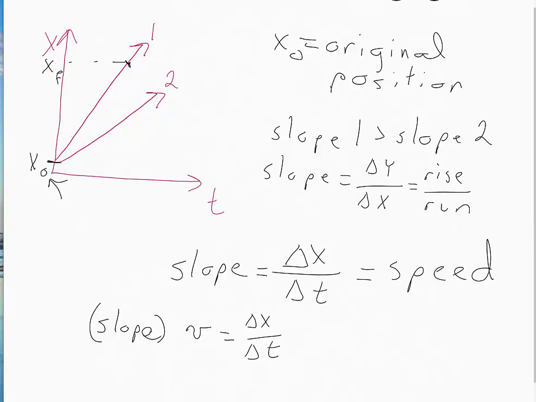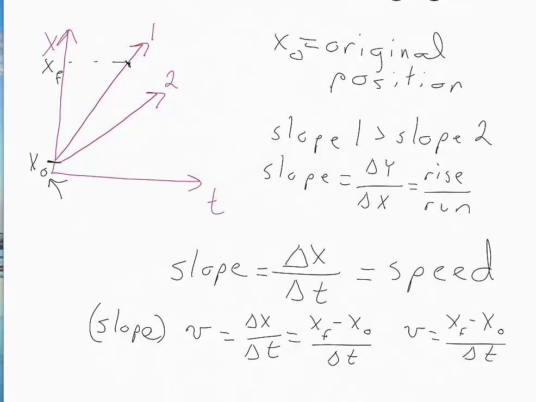So I can change my delta x here in this equation, instead of writing delta x, to being x final minus x initial over delta t. So now we're getting a little bit complicated in this equation because we now have that v, our speed, is equal to our final position minus our initial position over our change in time. We're going to leave change in time as change in time, sort of, but we're going to make the assumption as shown here that we're starting at t equals 0.